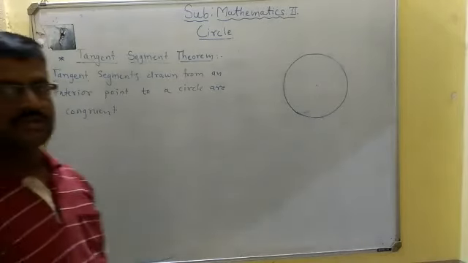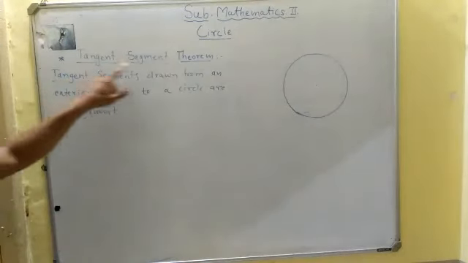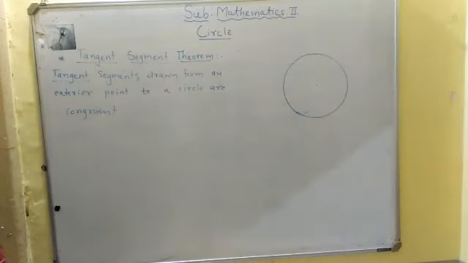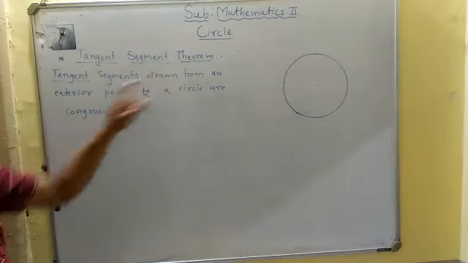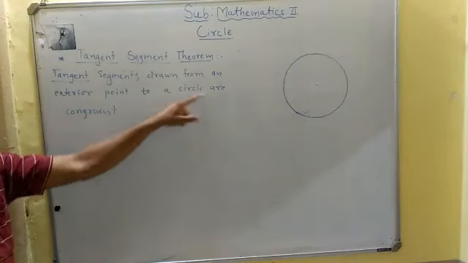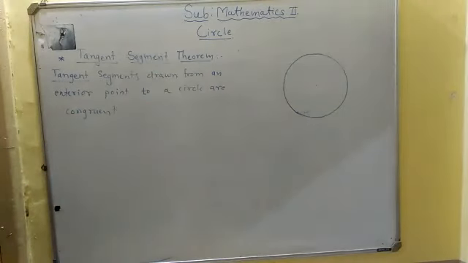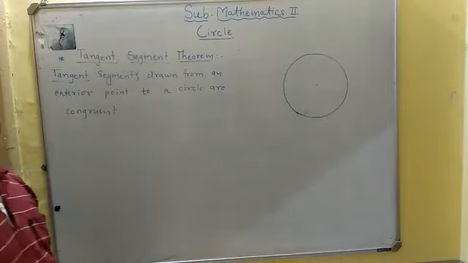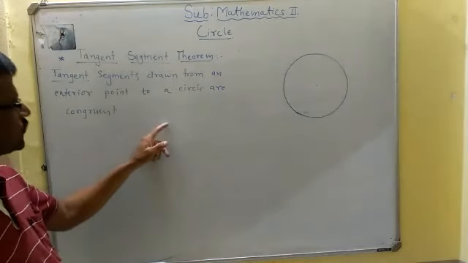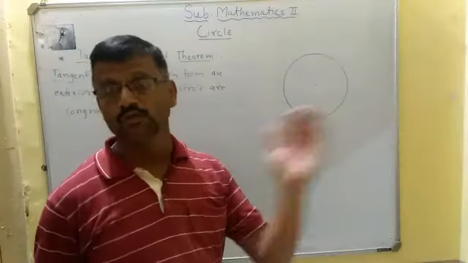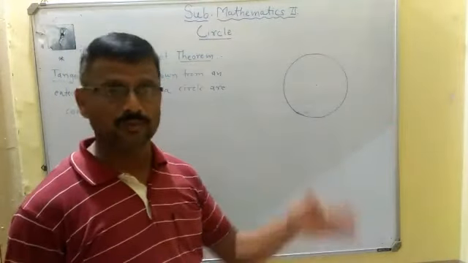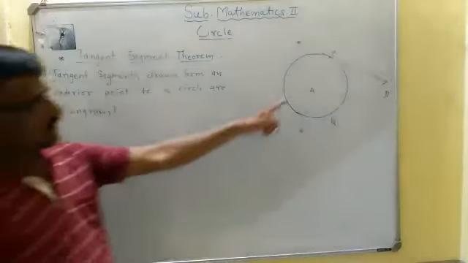Now we are going to our next concept, the tangent segment theorem. What is the statement of the tangent segment theorem? Tangent segments drawn from an exterior point to a circle are congruent. We learned about tangents to a circle from an external point; only two tangents can be drawn to the circle from its exterior point.